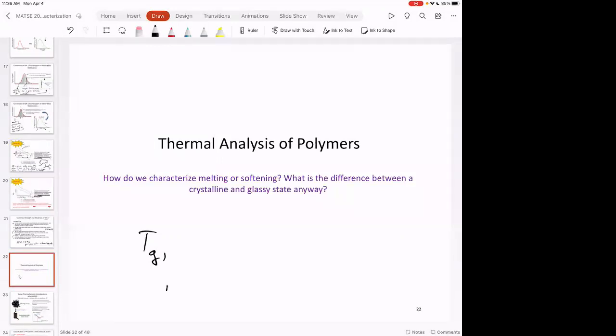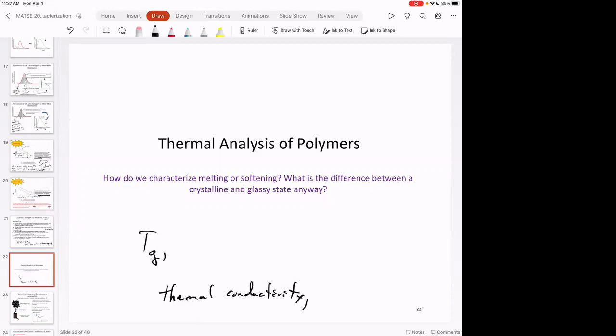Maybe thermal conductivity, that's a good one. Tensile is a mechanical property. You can measure elasticity and tensile as a function of temperature, but you're measuring a mechanical response. In these properties, we're measuring the thermal response.